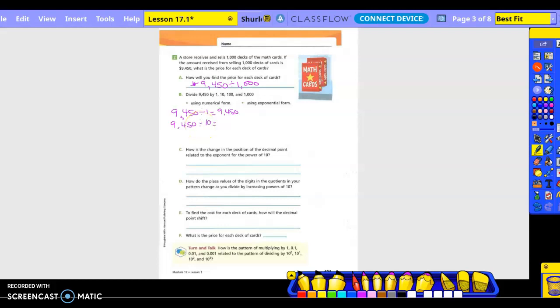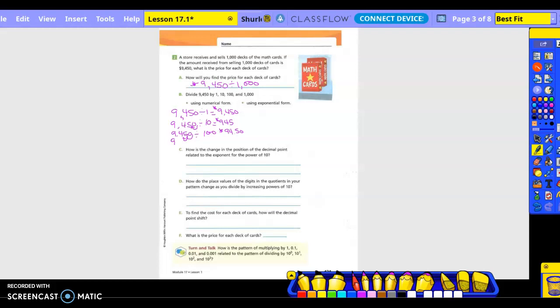How many places do I move the decimal? 1 place to the left, so 945. 9,450 divided by 100. How many places do I move it to the left? 2. So $94.50. I forgot to put that right, guys, because we're doing money.